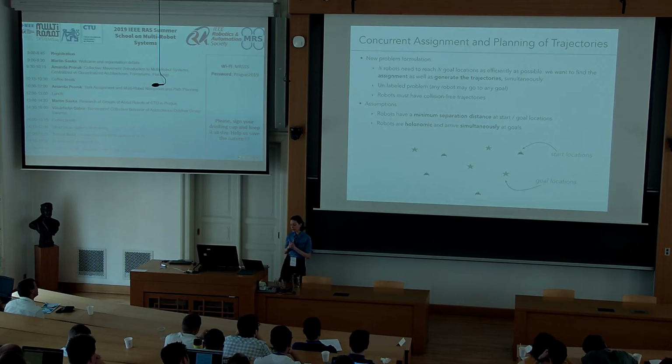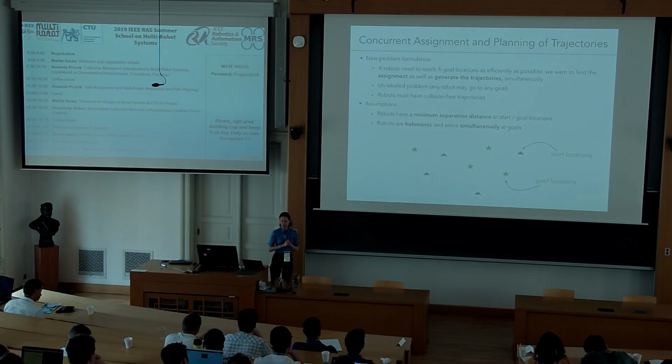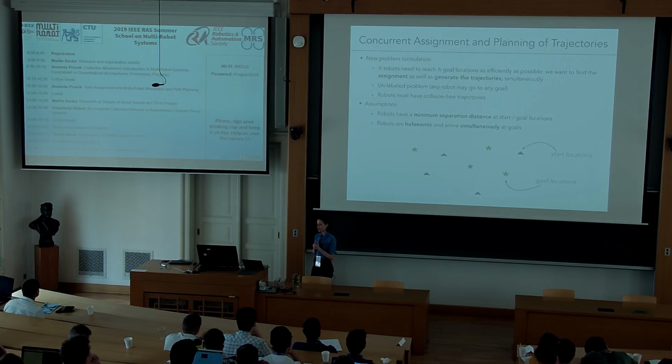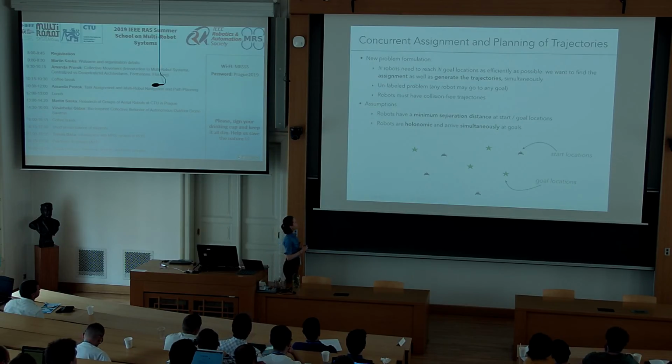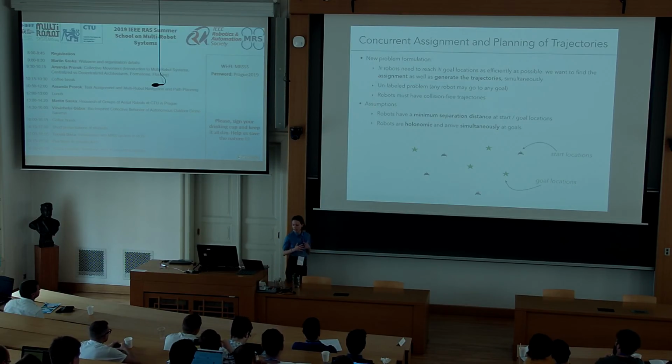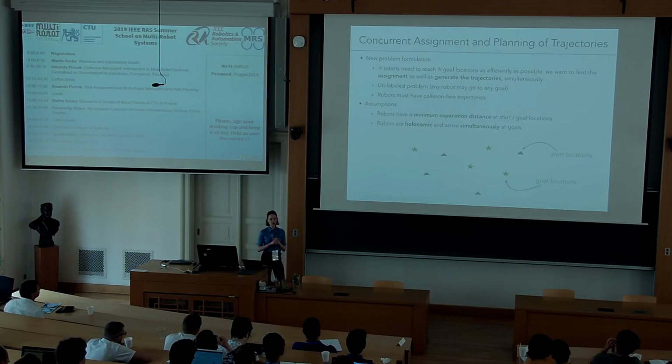And so the name for this problem is actually concurrent assignment and planning of trajectories. The reason this is so interesting is because it alleviates the computational complexity of trying to find out which robot has to go where in an unlabeled problem, as well as generating the trajectories that lead the robots to their end goal.